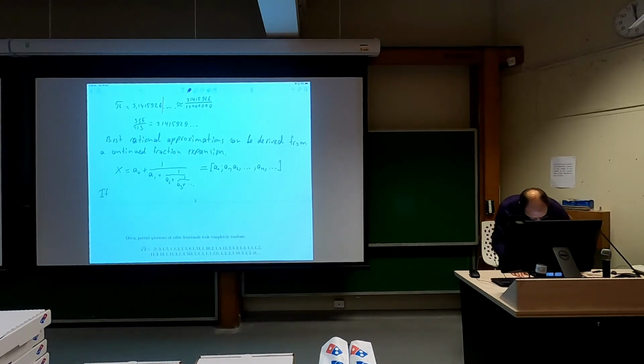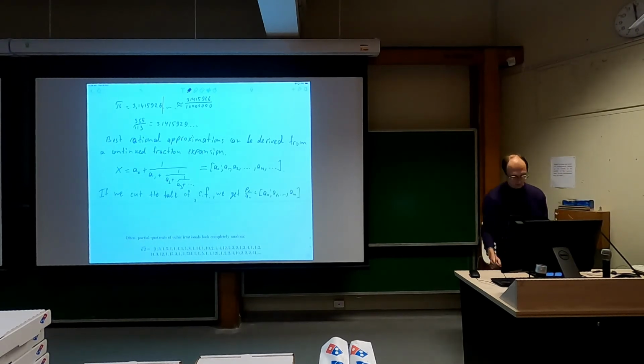If we cut the tail of the continued fraction, we get some fraction like that. And they're called convergents.